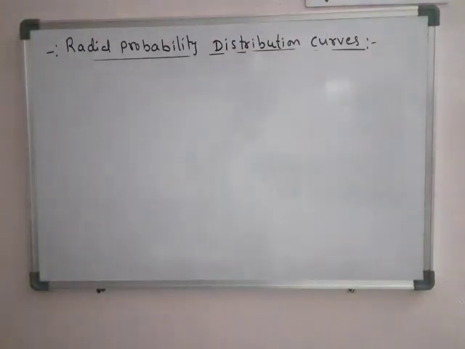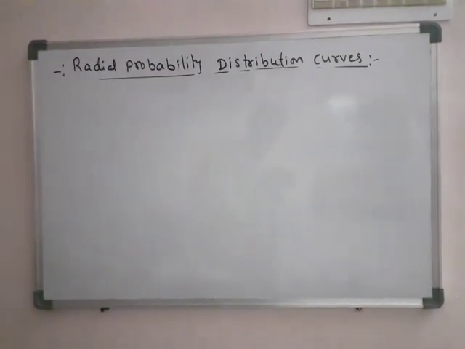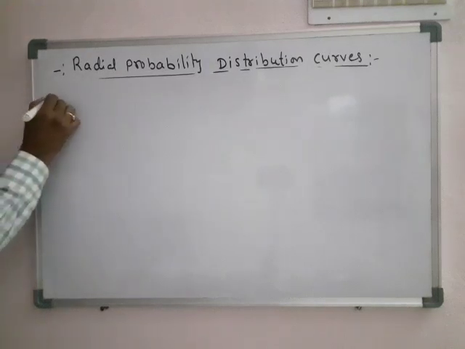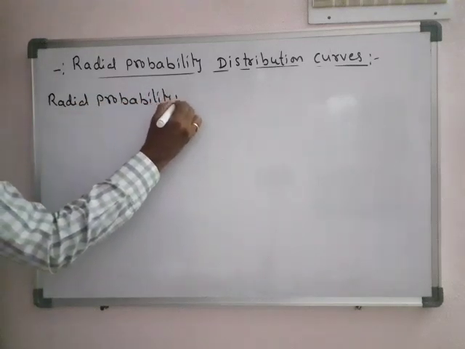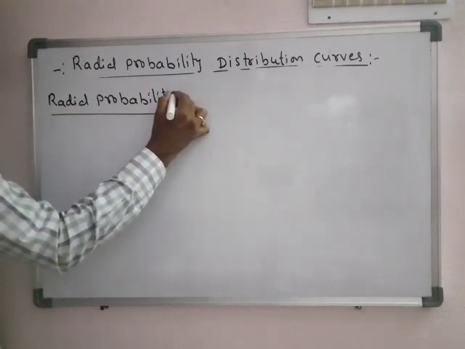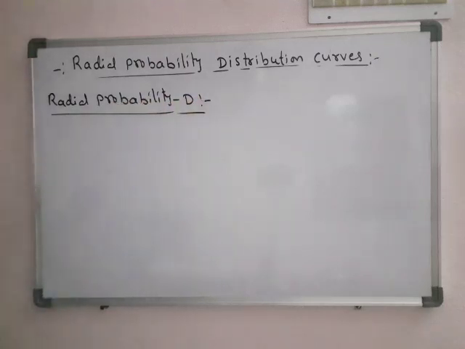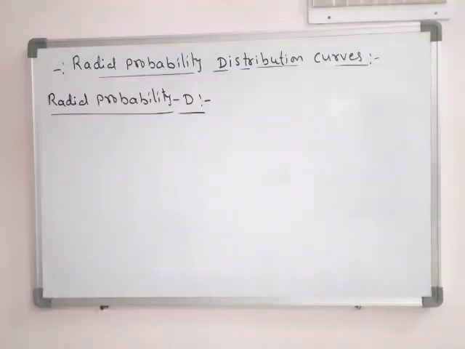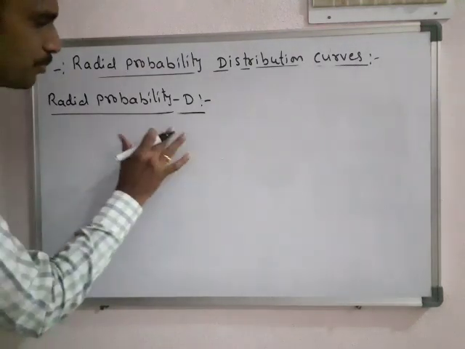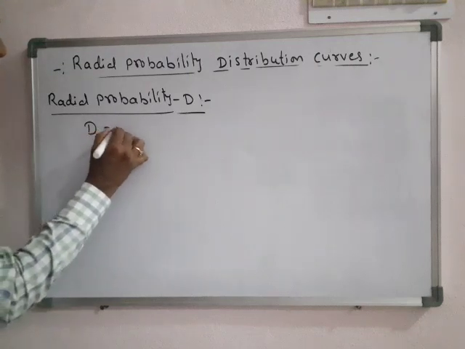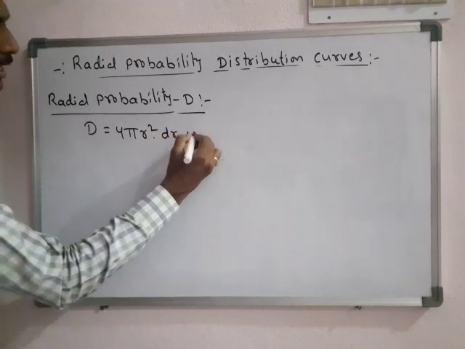Radial probability is called capital D. The value of D is 4 pi r square dr into psi square.